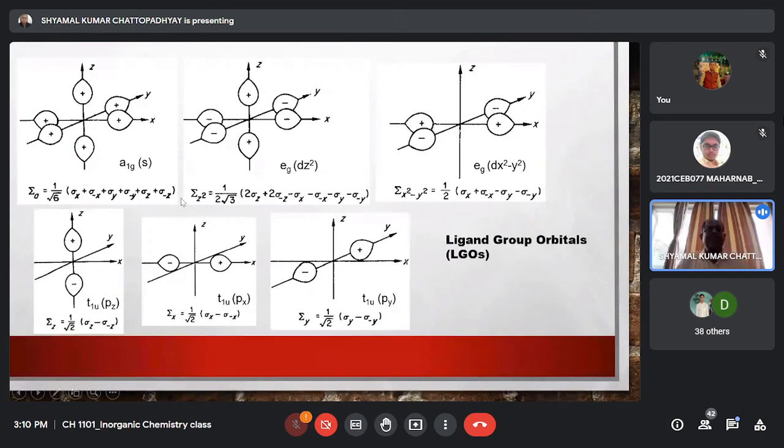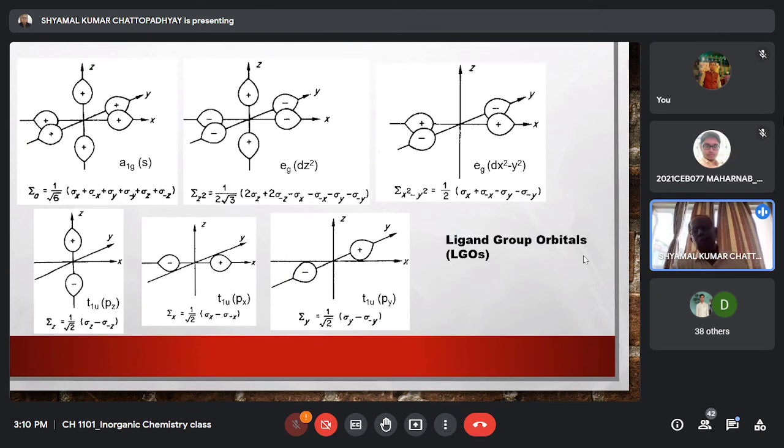So we have 6 ligand orbitals, and using these to get proper symmetry match with the metal orbitals, we produce 6 ligand group orbitals. Ligand group orbitals means these orbitals will not be confined to any particular ligand; at least 2 ligands will be involved.